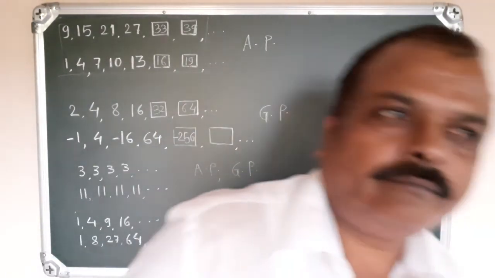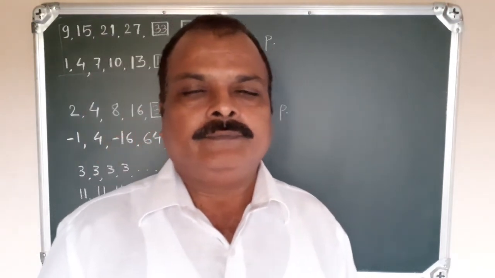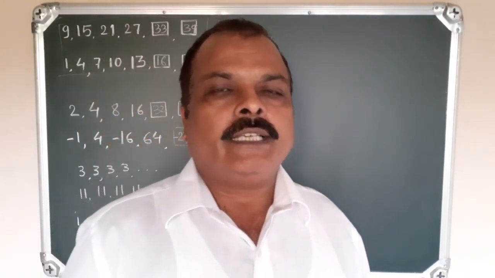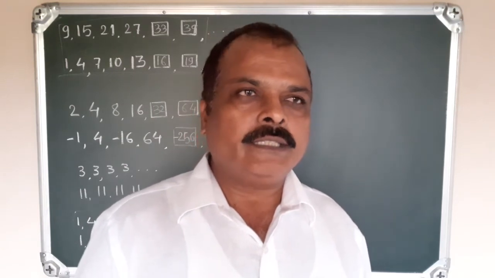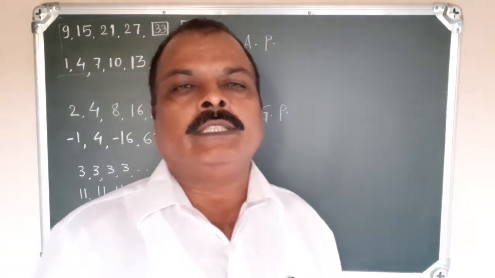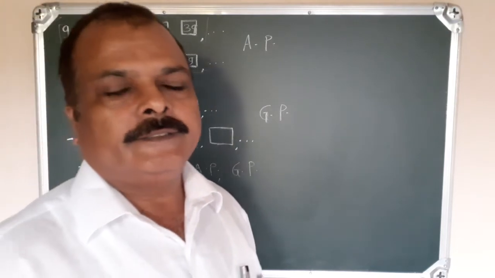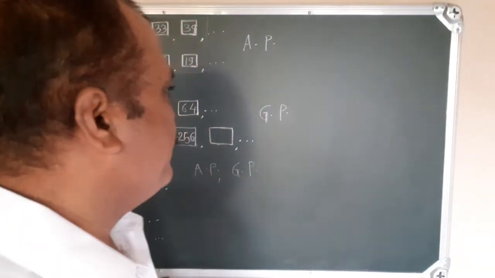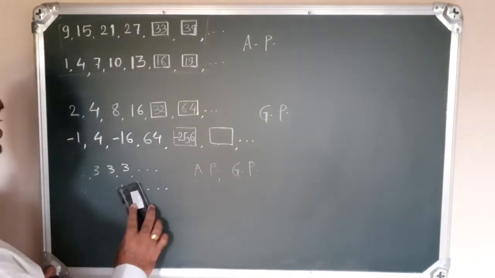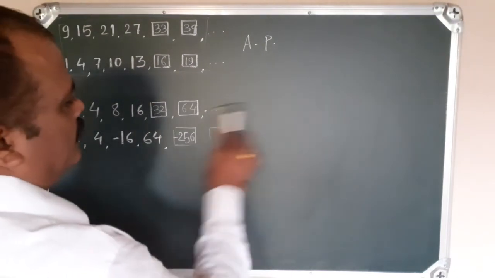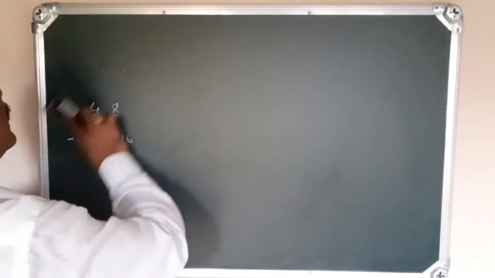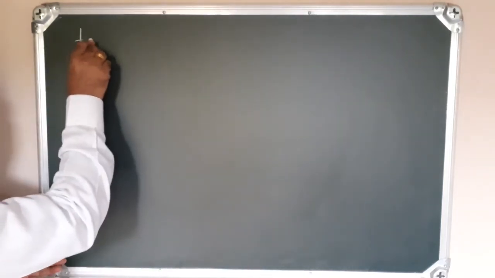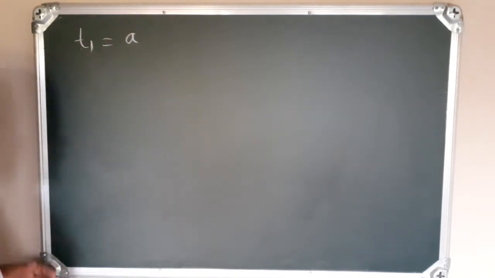The terms: the first term is denoted by T1, second term T2, third term T3, like this. So the first term is a and the common difference is d.